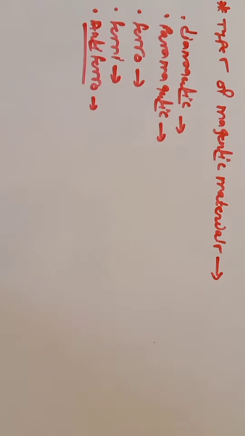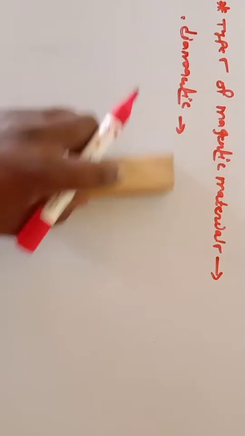So let's discuss the first one, that is diamagnetic. In this lecture we are interested only in diamagnetic material. Diamagnetism is a weak magnetism and is the fundamental property of all matter.